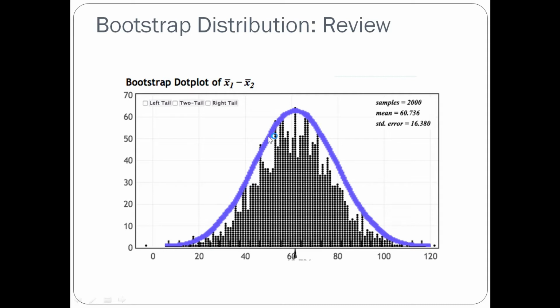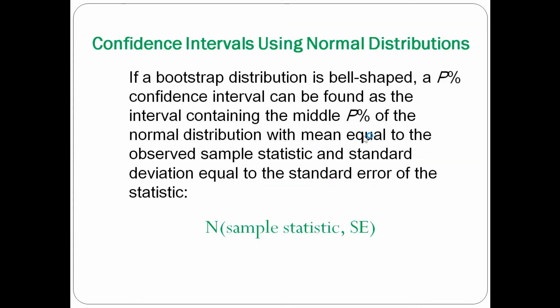So we can use what we learned in 5.1 and call this graph a normal distribution that is centered around 60 and has a standard error as its own standard deviation. So we can write the graph name as N(sample statistic, standard error), where the sample statistic would be the mean, and the standard error would be the standard deviation.